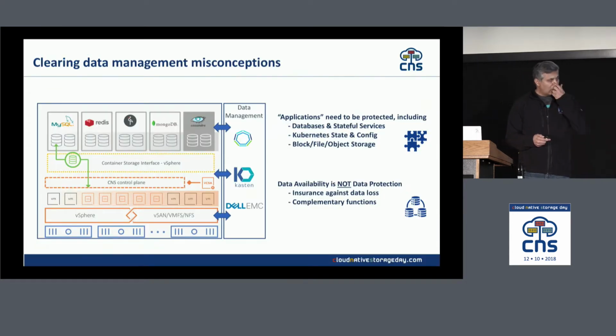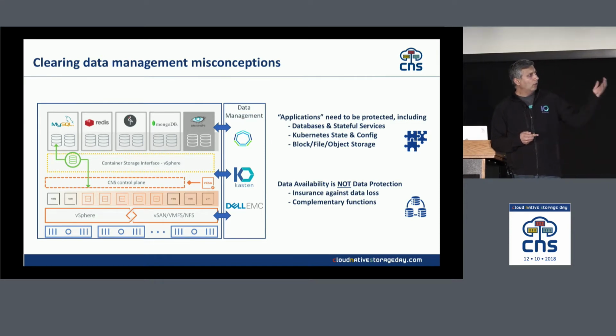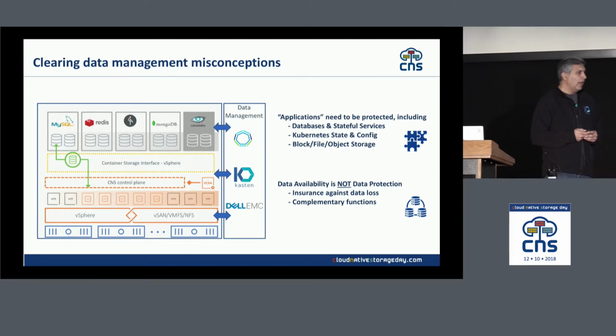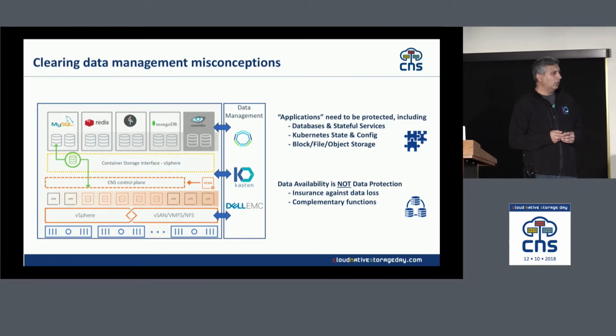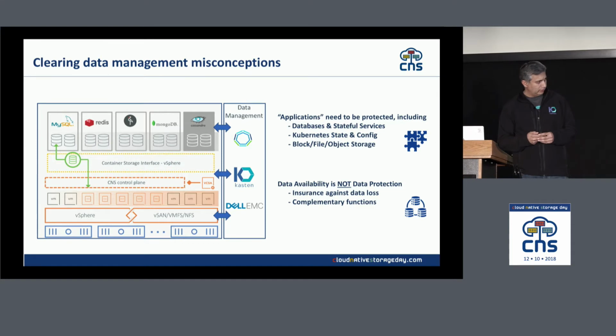So let me just start off, as a continuity, I think VMware Gopala did a good job talking about trying to clear up some of the data management misconceptions. And I think the two key points to make here are, first of all, having storage doing availability or replication is not the same as data protection, and he kind of outlined the reasons there.